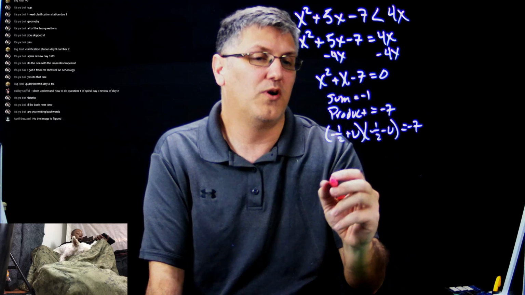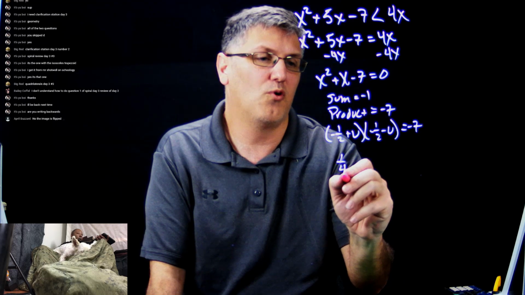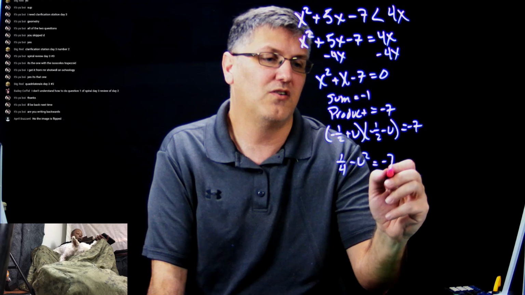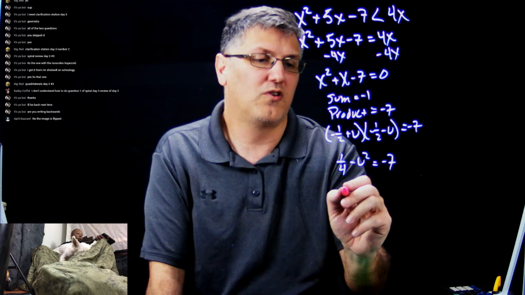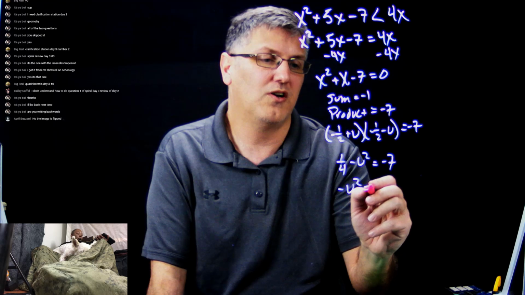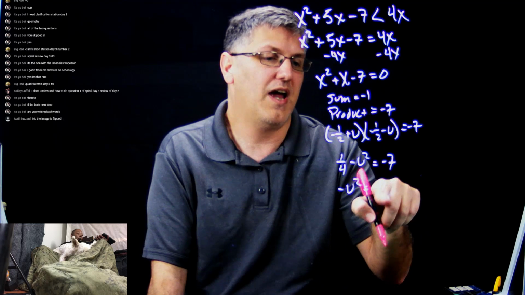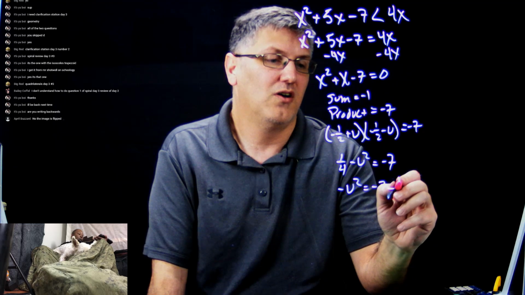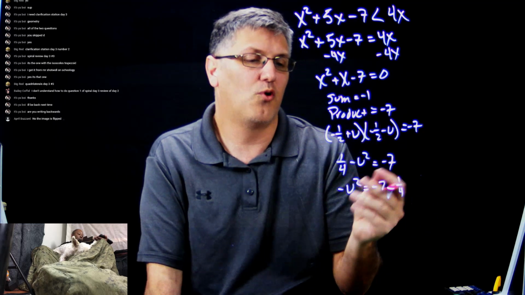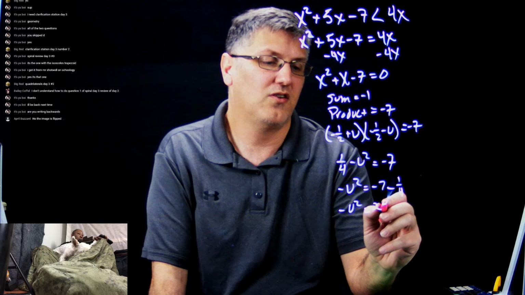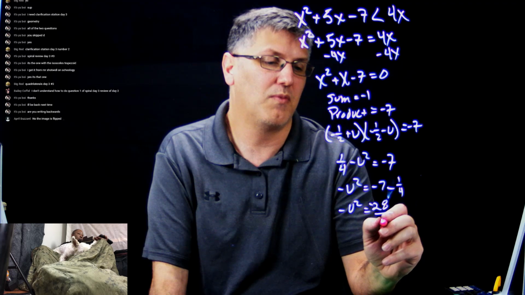I'm going to FOIL this out, and I'm going to get 1/4 minus u squared equals -7. I'm going to add 1/4 to each side, so I get -u squared equals -7 plus, not add, subtract 1/4. 7 times 4 to create my common denominator, 28. Make sure I have my minus in there.